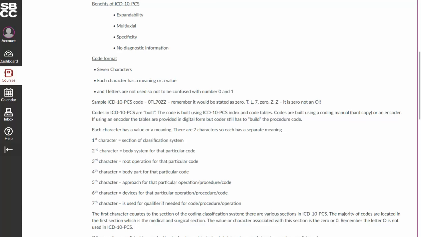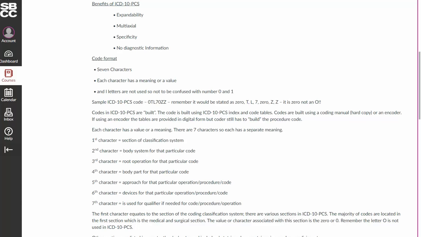If a retractor is used during the procedure but is not left in the patient, that would not be a positive value that will be reflected in our sixth character assignment in our final ICD-10 PCS code. So be careful when you're looking at your device characters that you are reflecting things that were left in the patient.